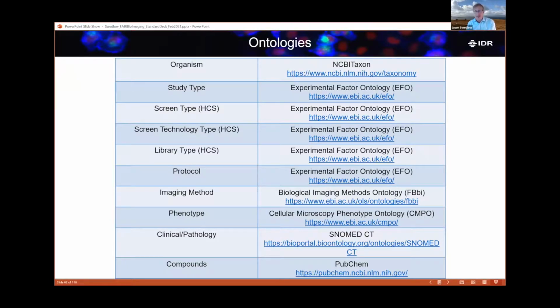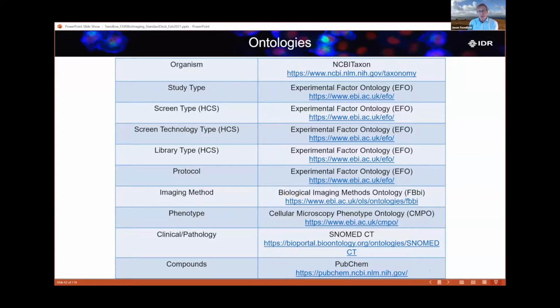What I want to emphasize is that we're annotating with a large number of different ontologies, capturing many different concepts, some around, for example, the organism, the imaging modality. As I mentioned, phenotype, that's the Cellular Microscopy Phenotype Ontology or Campo, clinical status, and what I'm going to focus on the next couple of slides is chemical compounds, which have turned out to be quite interesting for us.